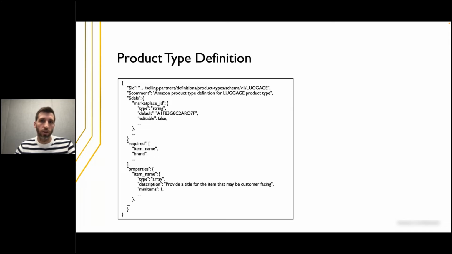Some of them are shared among different categories, some of them are specific, and we will also see this during the demo. In this case, we have the item name, for example. It specifies the type, it specifies some description for it, and then constraints like min number of items, if there is a max length, for example, and so on.